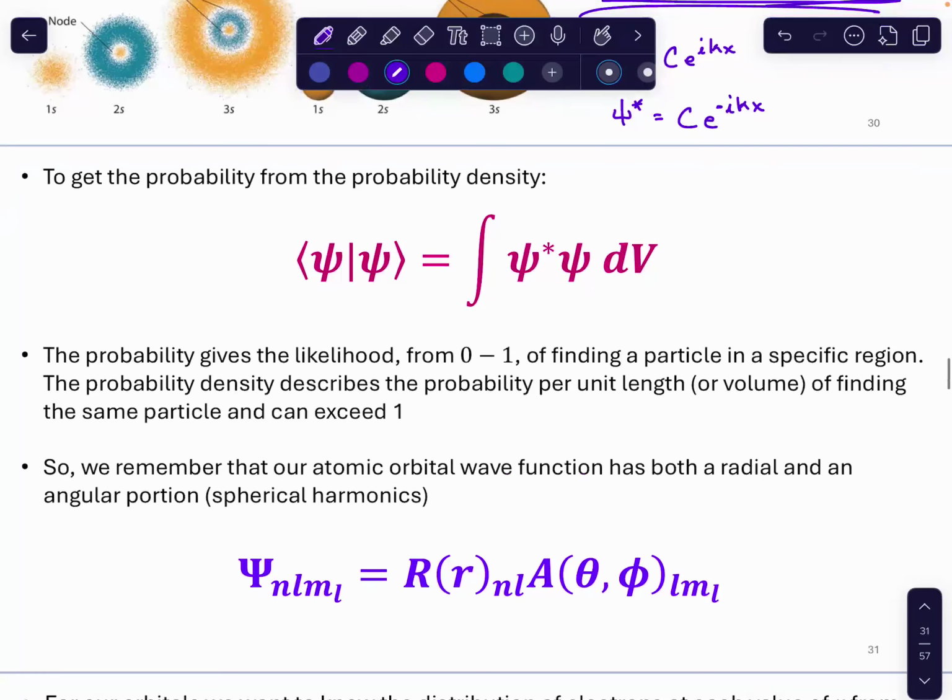As I said, you'll get the actual probability when you sum or integrate over the probability density. And I wanted to show you a little bit of notation here. What you see here on the left is called Dirac notation, also called bracket notation.